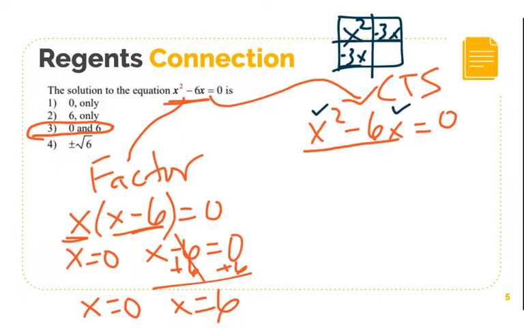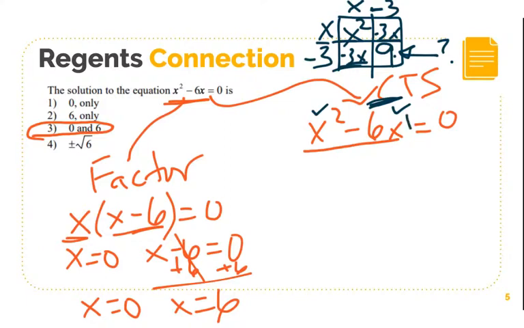All right, so I've got both of these terms inside of my area method. Now I've got to figure out what do I need here to actually complete this square. All right, so x times x. Now, x times negative 3 gives me negative 3x, and x times another negative 3 gives me this negative 3x. All right, so now negative 3 times negative 3 gives me a positive 9. That is what I need to complete this square.